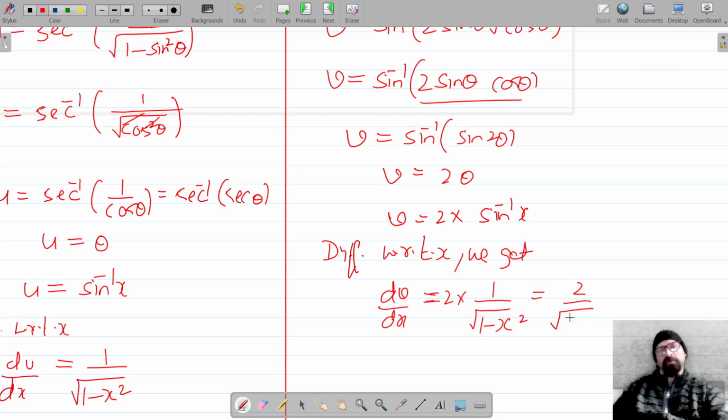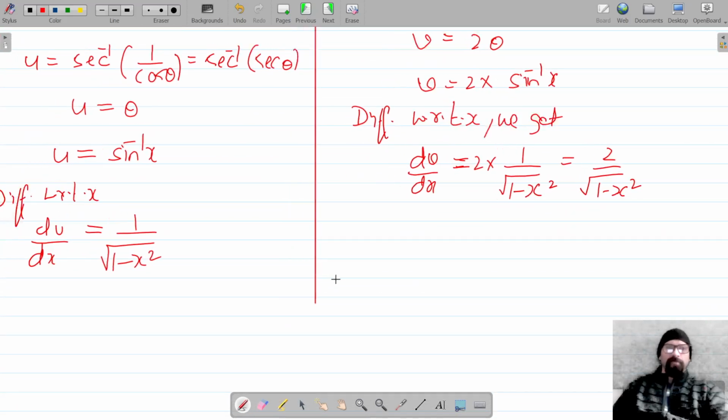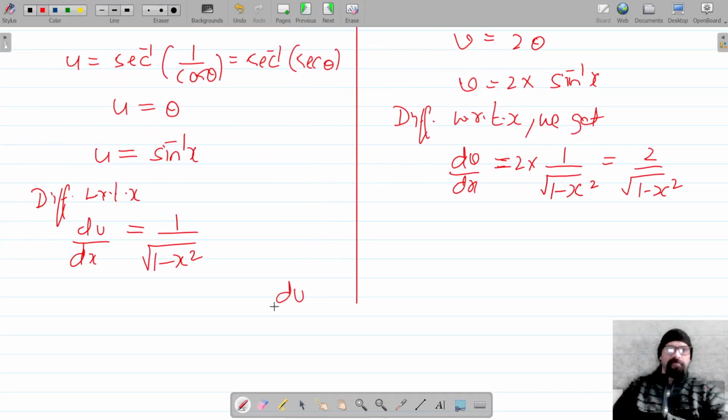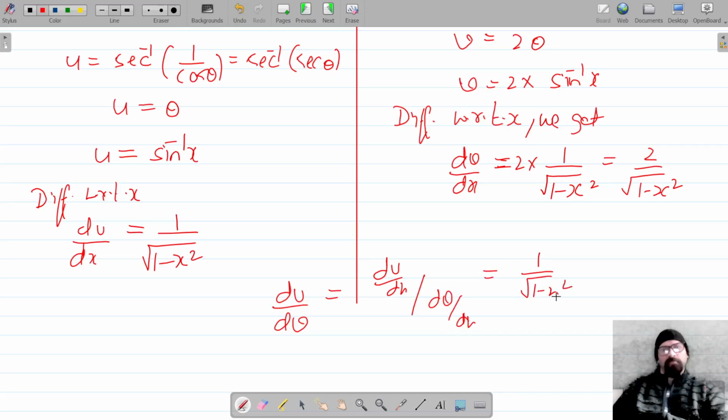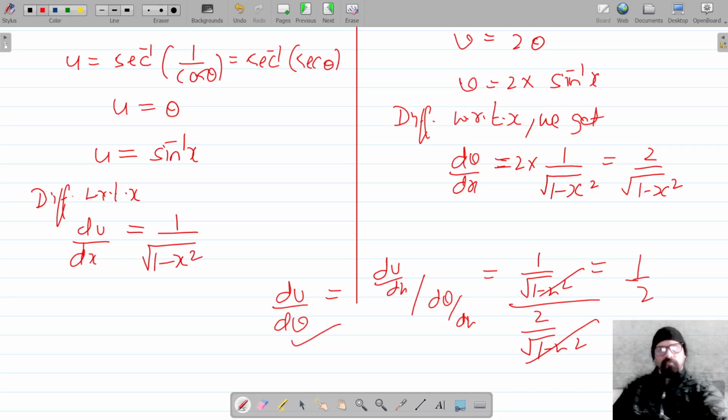So this is 2 upon under root 1 minus x squared. Okay, now we have to find out du by dv. That means it's du by dx divided by dv by dx, which is 1 upon under root 1 minus x squared divided by 2 upon under root 1 minus x squared. This gets cancelled, so it's 1 by 2. So our differentiation is 1 by 2.